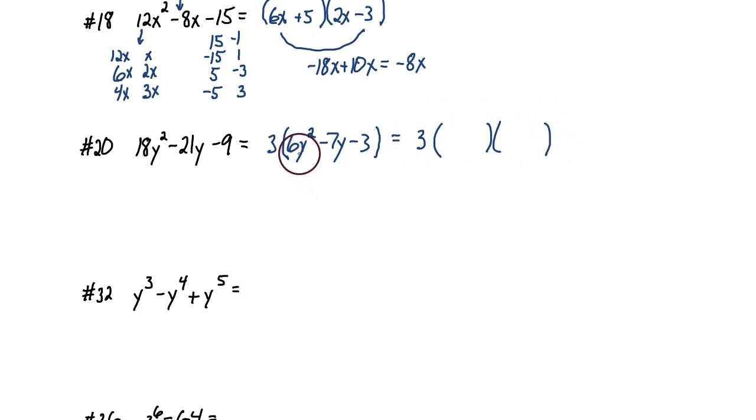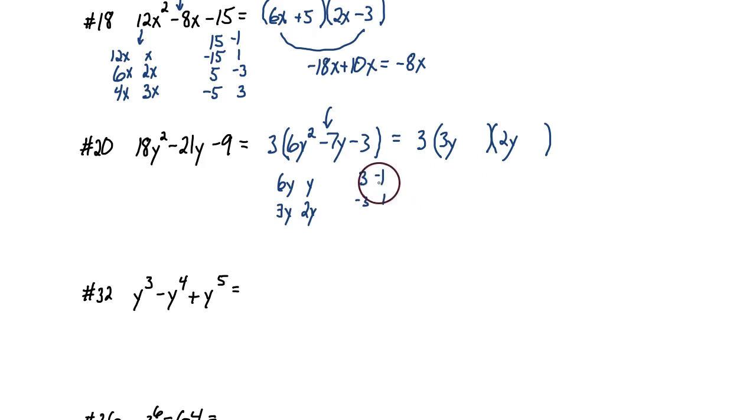There are possibilities to make 6y squared. It could be 6y times y, or maybe it's 3y times 2y. Let's choose one of these to fill in the parentheses, and if we find out later it doesn't work, we'll erase and try again. Let's try the 3y and the 2y. And then choose one of these pairs of numbers to fill in.